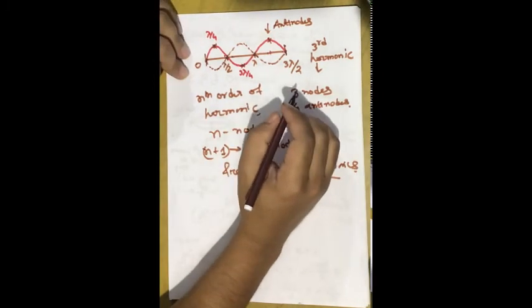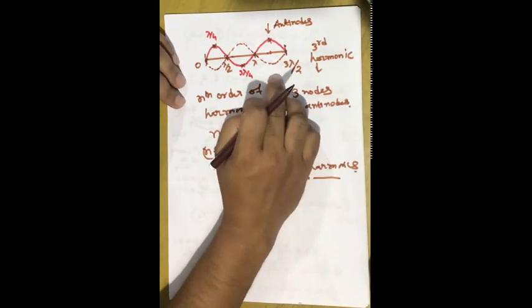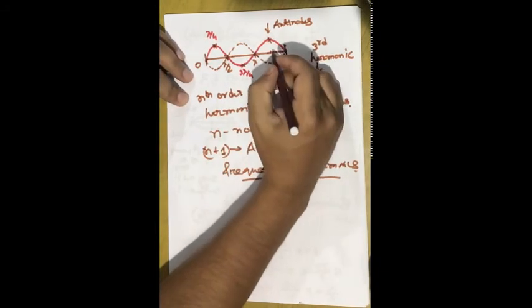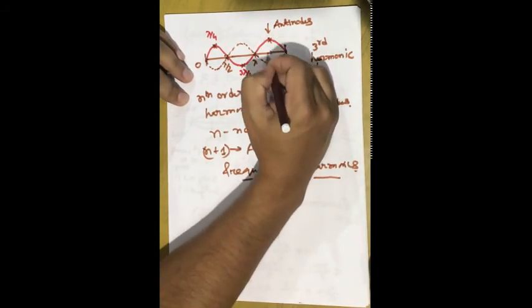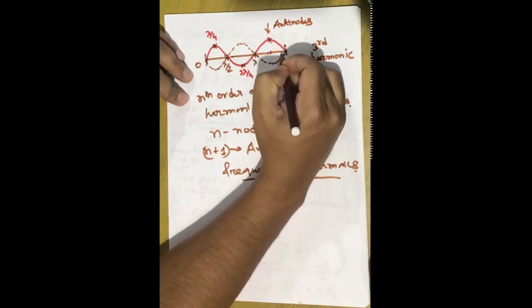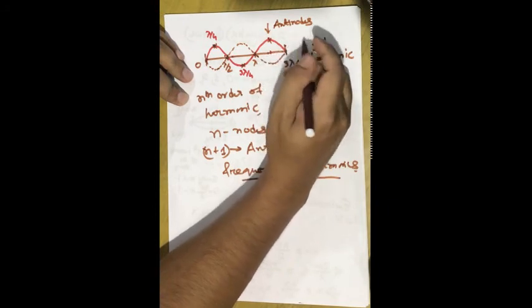Good morning, students. There was a little mistake in this part of this video. In the video, I have termed the point of maximum or minimum amplitude as the node, and the point of zero displacement as the antinode, but it should be opposite.